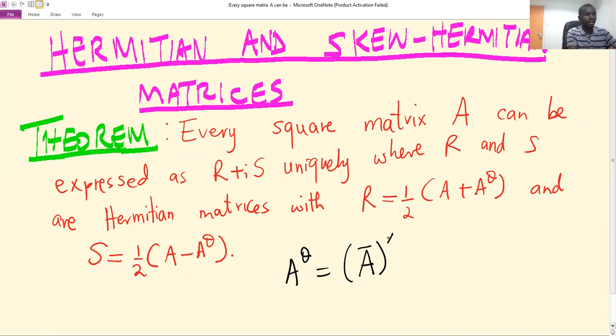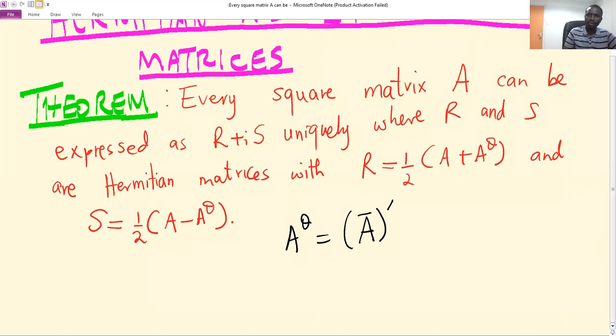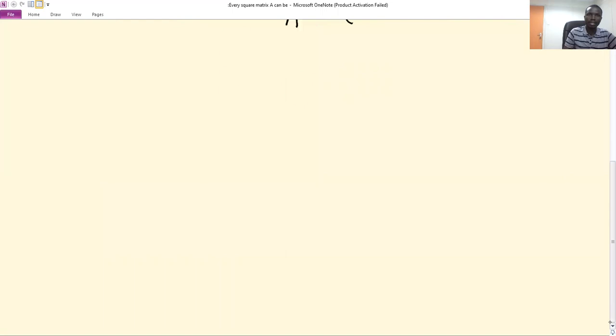So let's see how we can apply this theorem to express a matrix as a sum of Hermitian and skew Hermitian matrix.